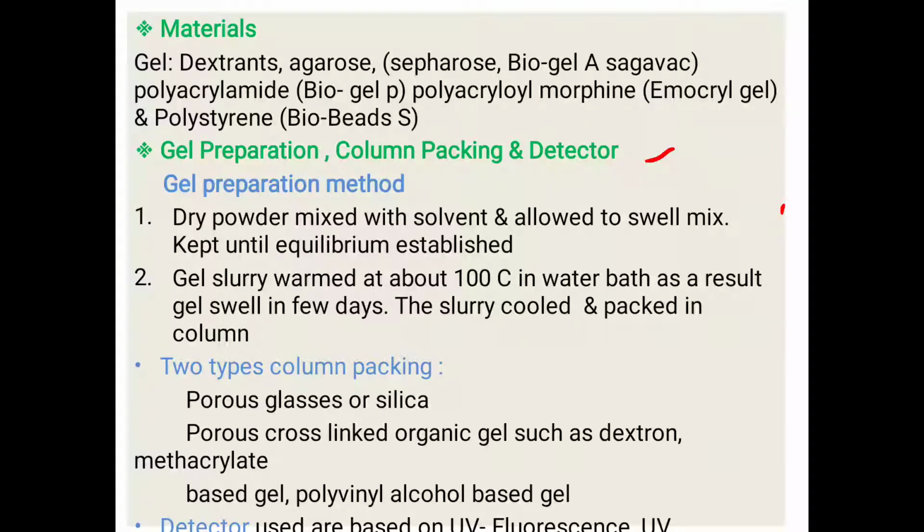There are generally two types of column packing methods. The porous glasses or silica and cross linked organic gels such as dextran, methacrylate based gels and polyvinyl alcohol based gels are used.